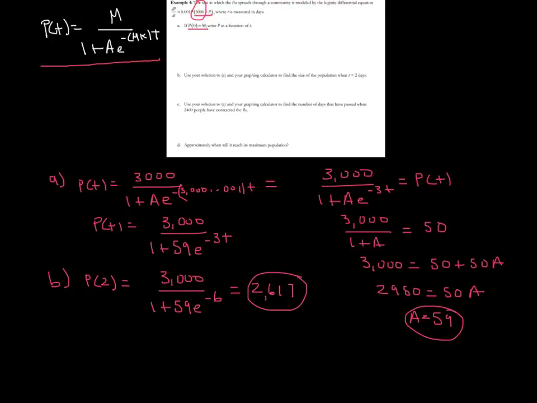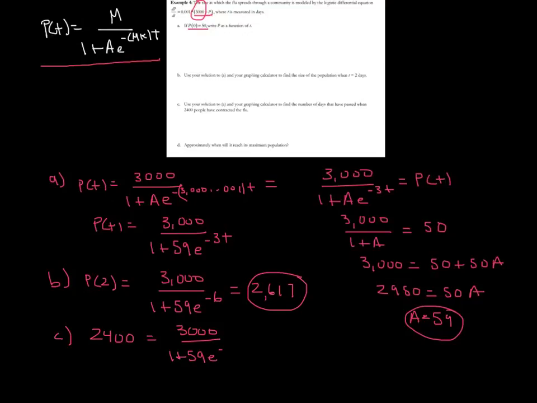All right. Now part C, use your solution to part A and your graphing calculator to find the number of days that have passed when 2,400 people have contracted the flu. So now it's the idea of setting your population equal to 2,400. Please don't try to solve this by hand. It's not worth it.